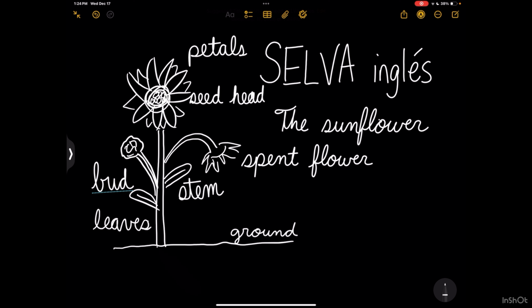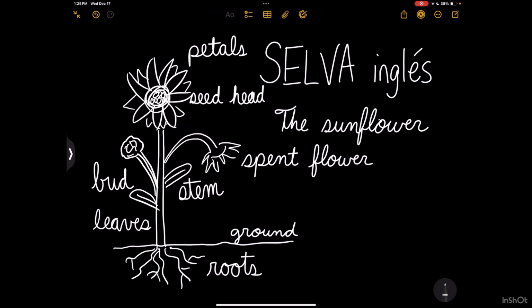Up under, in the soil, would have roots. Now, I didn't go over that in the picture because our flowers were not in the ground, they were in a vase. But these would be the little roots. Roots. R-O-O-T-S. This is the basic anatomy and the basic vocabulary for a sunflower.